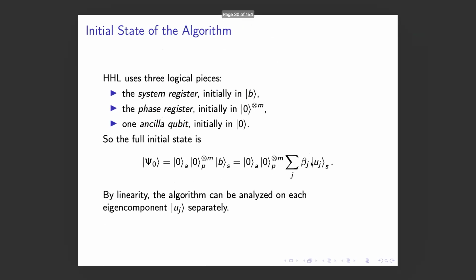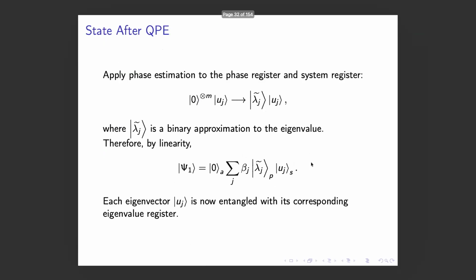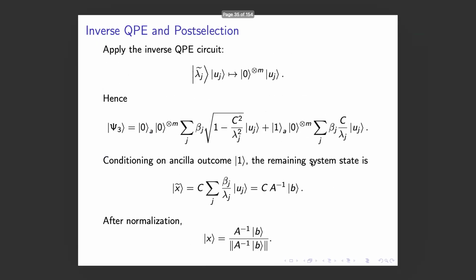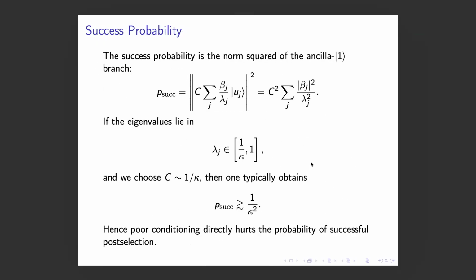So everything we did on the whiteboard is also in the slides, so I'm not going to repeat these because you have it in the slides. And typically the success probability is the norm squared of the ancilla 1 branch, which we looked at. And this is essentially the norm squared which we're looking at.